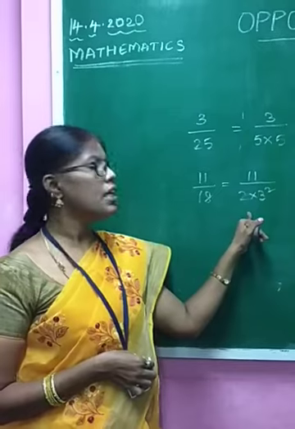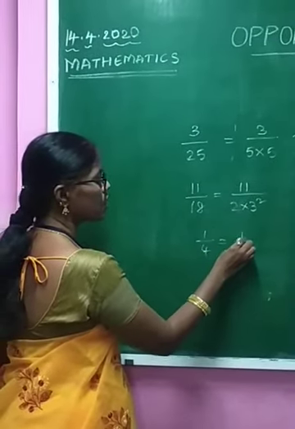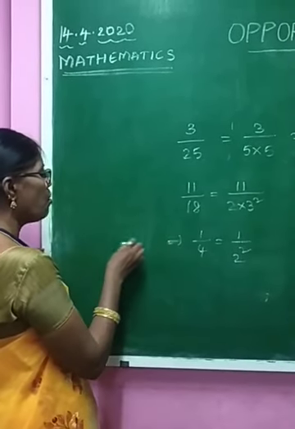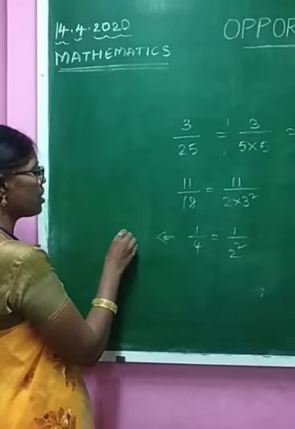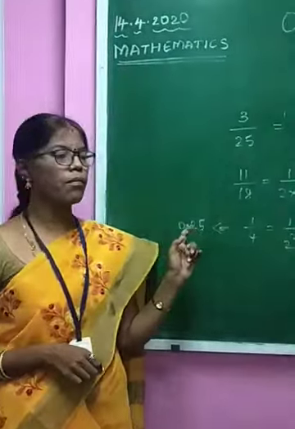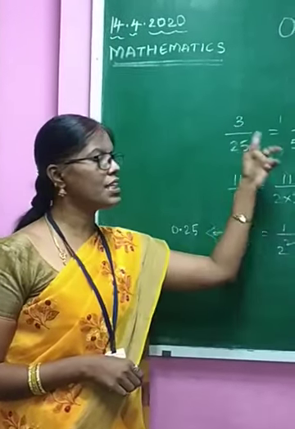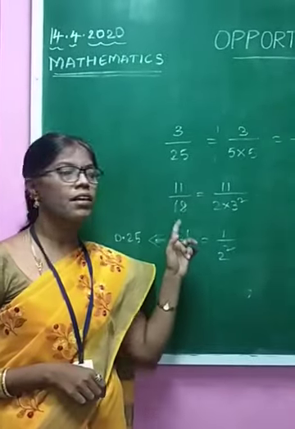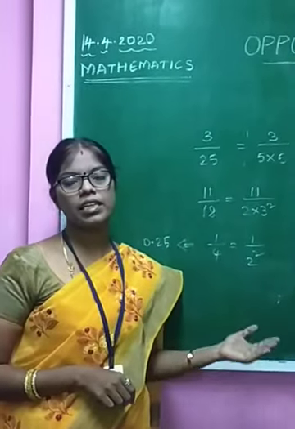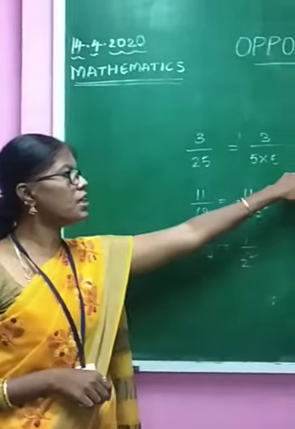Why? For example, if you take 1 by 4, 1 by 4 is nothing but 1 by 2 square. We know that 1 by 4 is 0.25, and 0.25 is a terminating decimal. From these examples, what can we arrive at? If we want to say without actually dividing that it is a terminating decimal, we have to see the denominator.